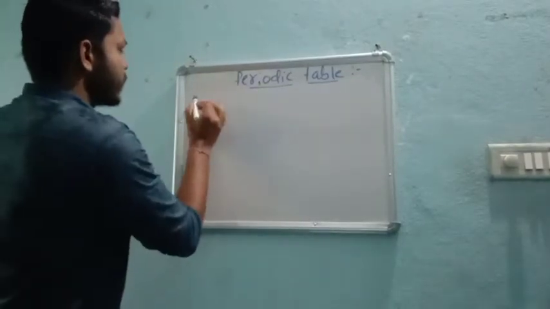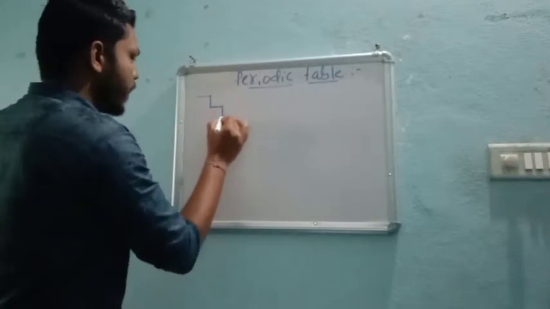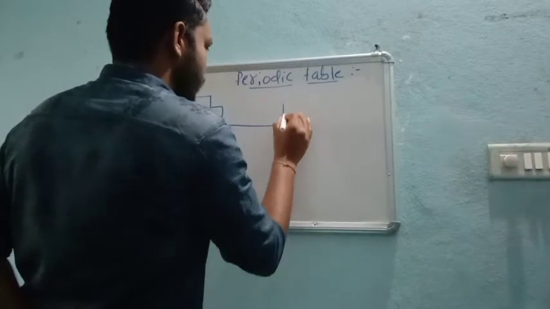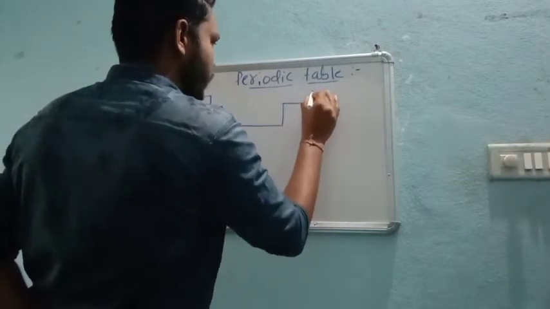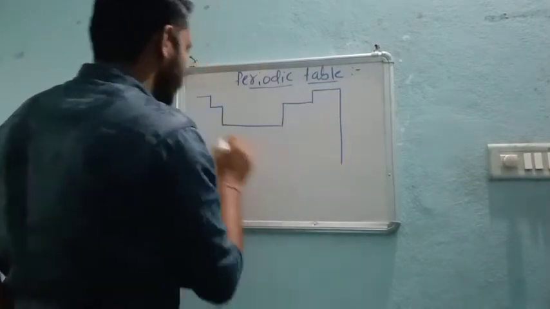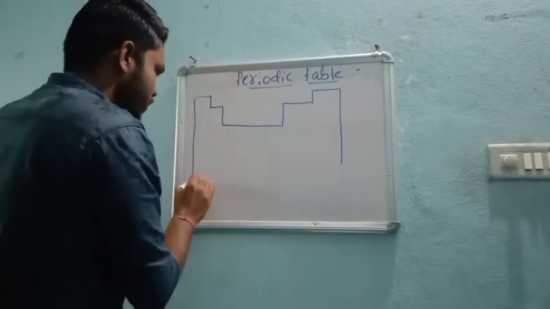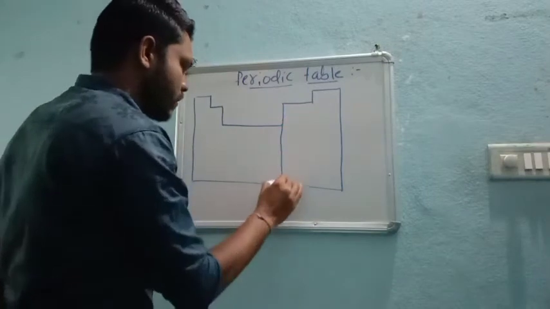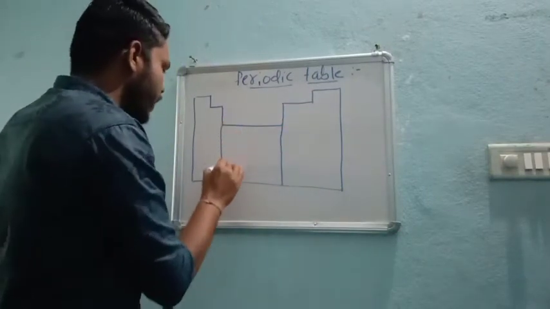So first let me explain just a rough diagram of the periodic table. Thus we can come to know how this periodic table looks. So this is the rough diagram.